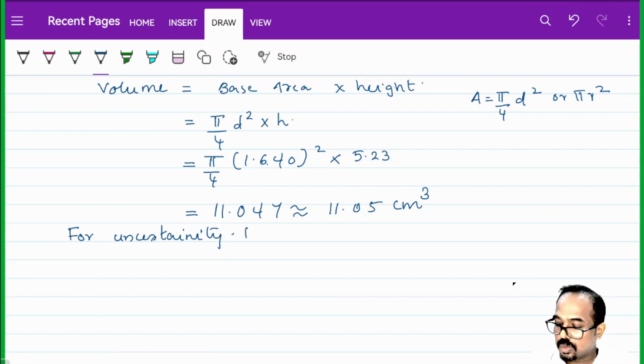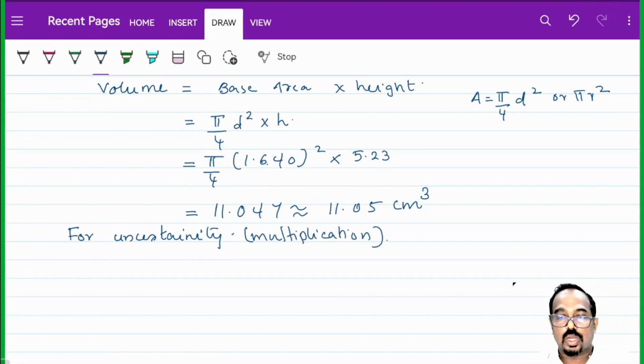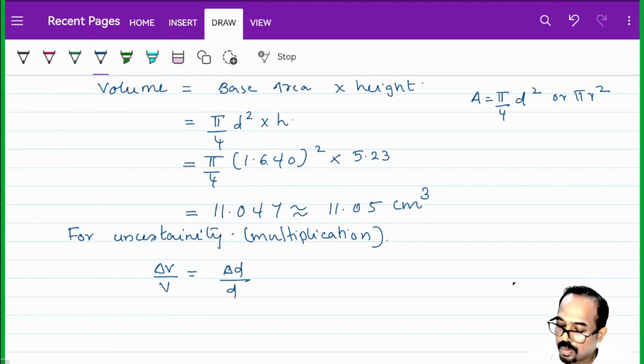Multiplication, right? For multiplication, what is the rule? You need to add the fractional uncertainty or percentage uncertainty. So the fractional uncertainty, delta V by V in measuring the volume. Which things have you measured? Diameter, delta D by D, plus delta H by H.